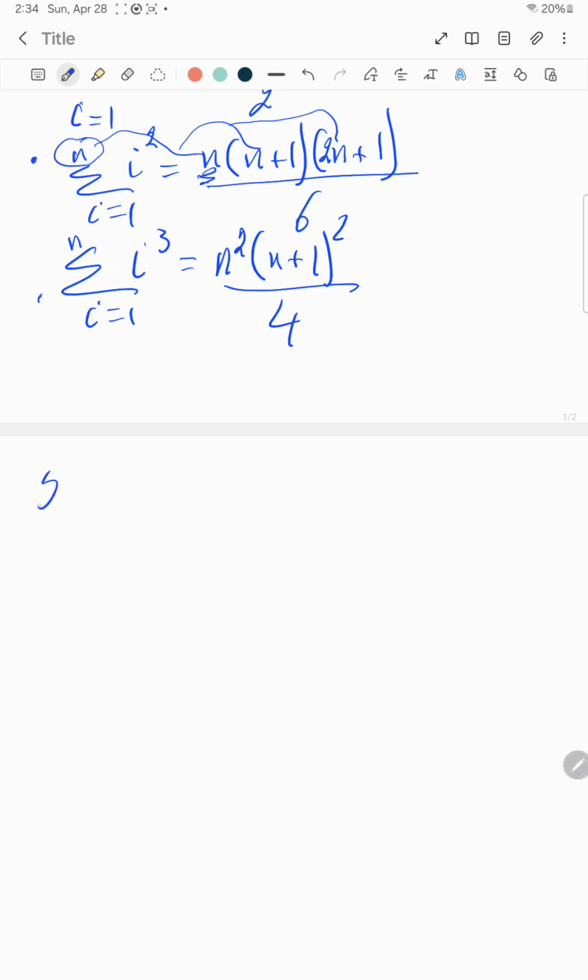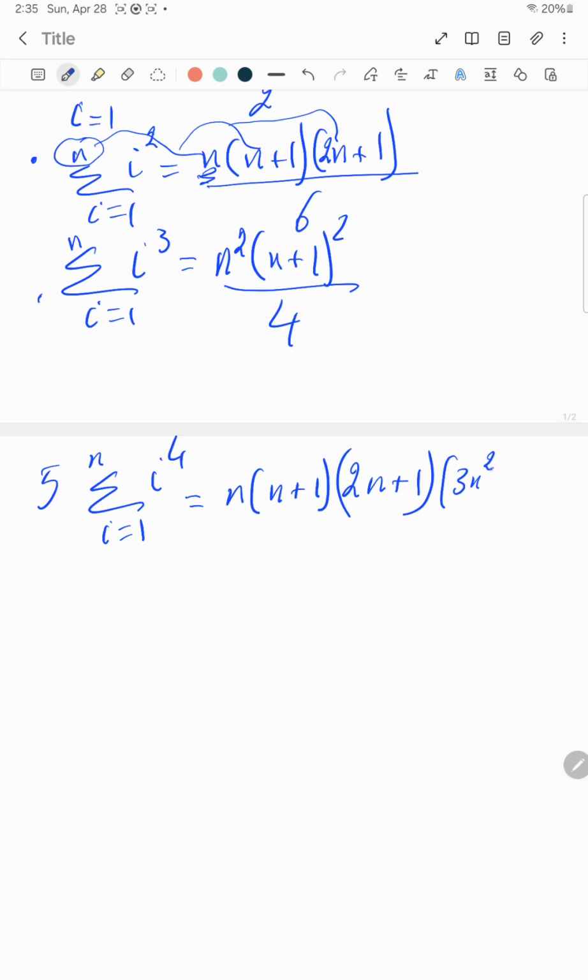The fifth formula, the sum i equal 1 to n of i to the power of 4. This is equal to n times n plus 1 times 2n plus 1 times 3n² plus 3n minus 1, divided by 30.